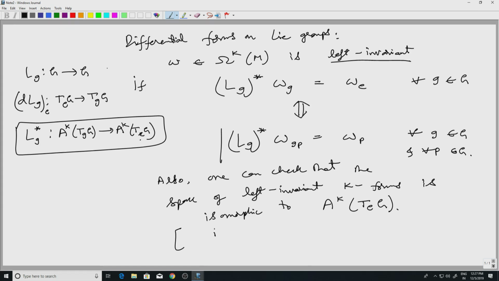So if omega is left invariant, I start with a left invariant form and send it to its value at the identity, in other words, an element of A^k T_e G. And this map is an isomorphism.